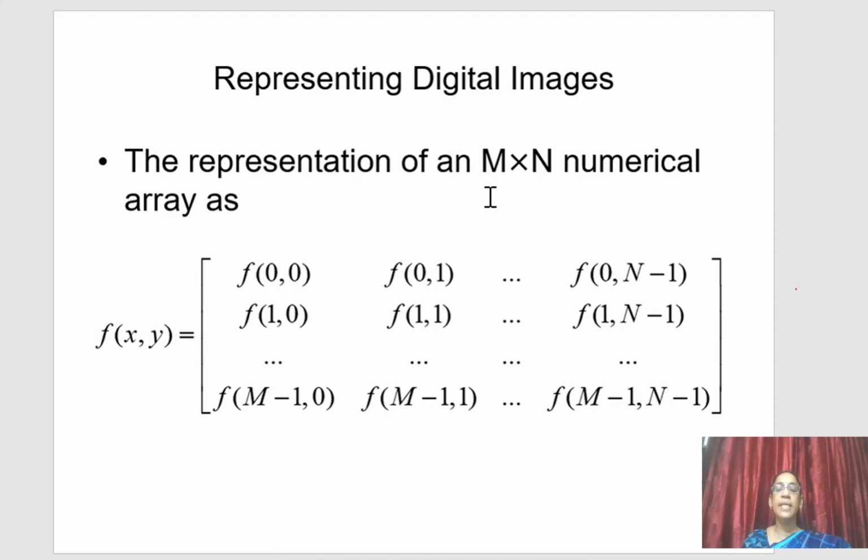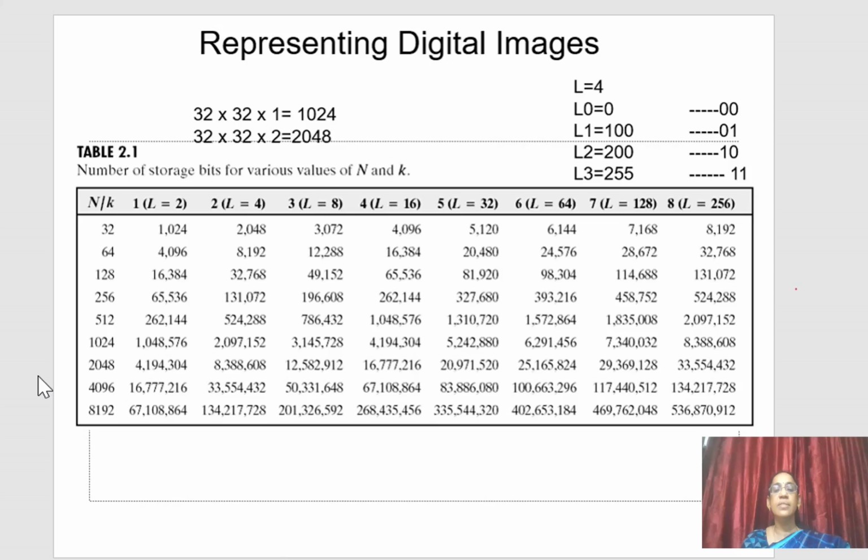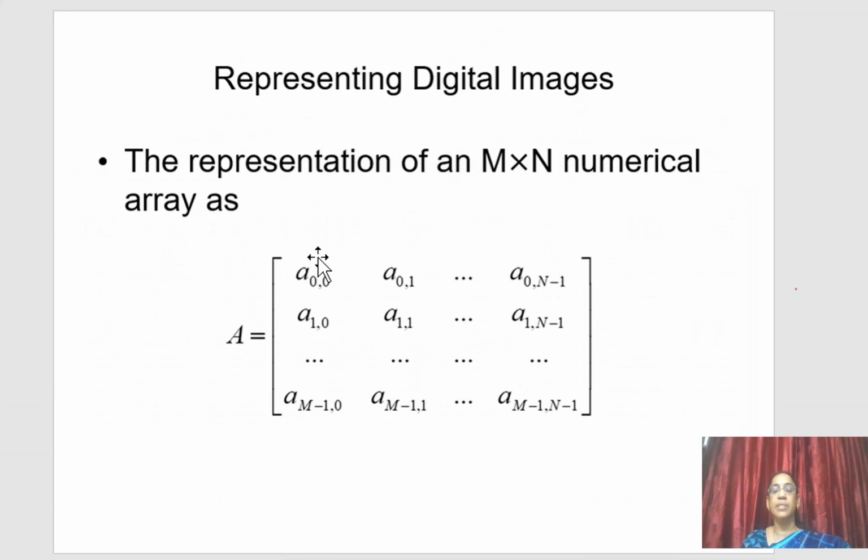Deciding this m and n is sampling, and the value of each part is quantization. This is one way of representing the image, and this is another way of representing the image, starting with 0, 0, 0, 1, and so on.